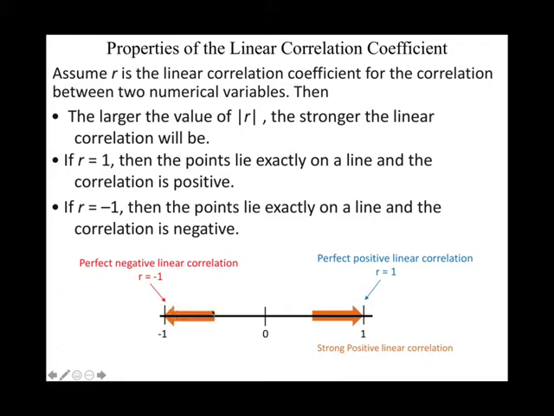Lying between -0.5 and -1, we call this a strong negative linear correlation. If your R is lying between -0.5 and +0.5, we're going to say this is a weak linear correlation. If R equals 0, it means there's no linear correlation.